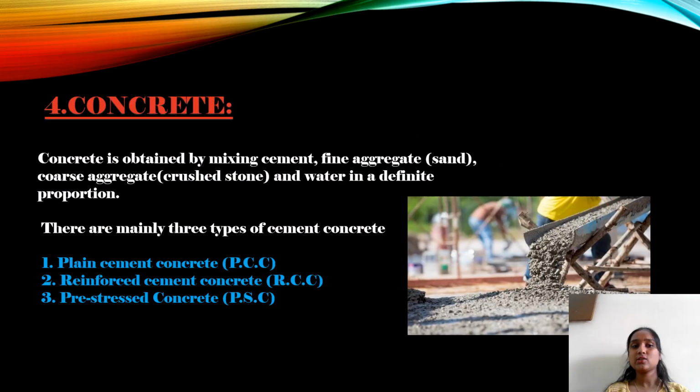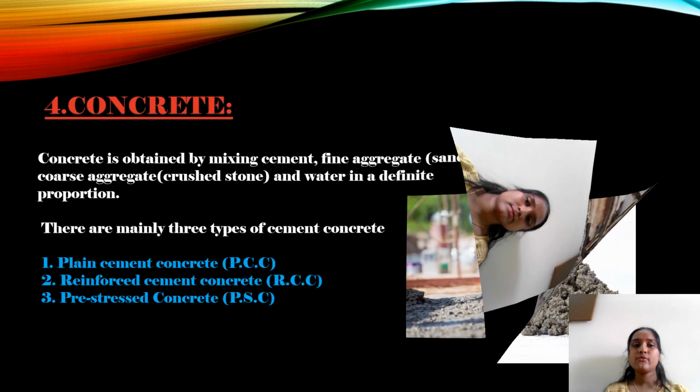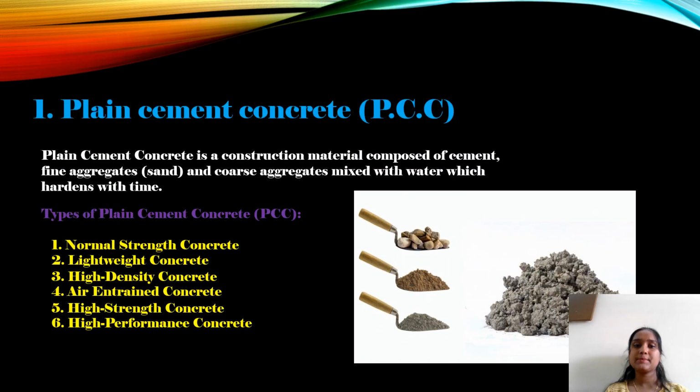Next material is concrete. Concrete is obtained by mixing cement, fine aggregate, coarse aggregate and water in a definite proportion. This concrete is commonly divided into three types: plain cement concrete, reinforced cement concrete, pre-stressed cement concrete. First one is plain cement concrete, also known as PCC.